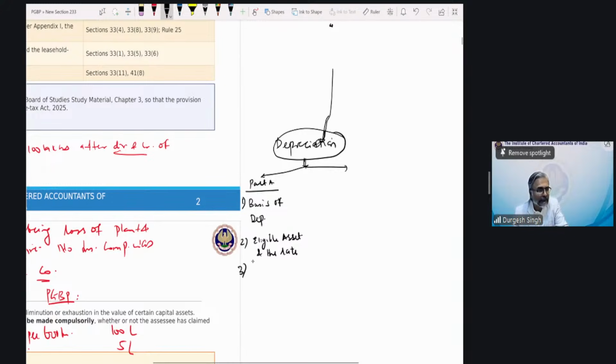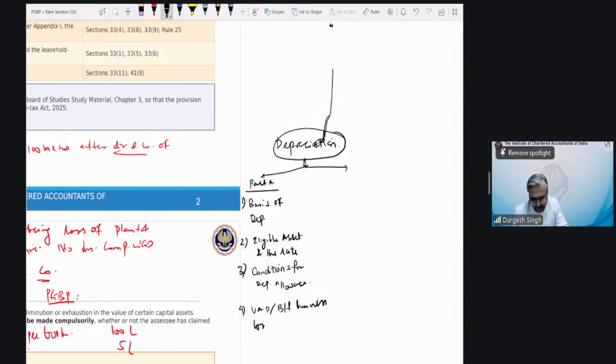The third one is the condition for depreciation allowance. Then the last one is the UAD and the Brought Forward business loss hierarchy.